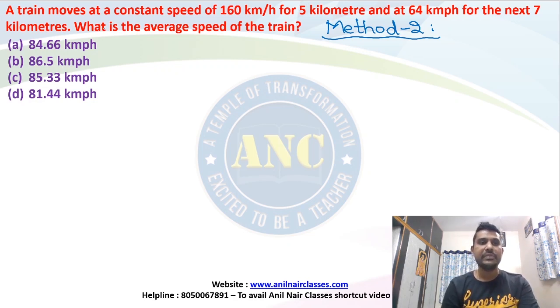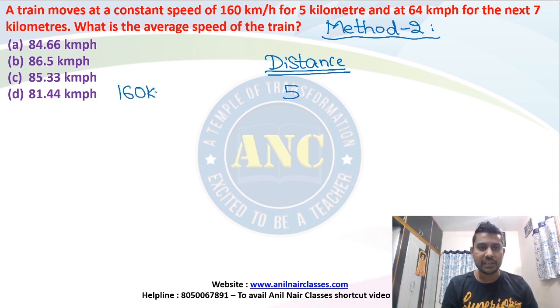Now see here, a train moves at a constant speed of 160 kilometers per hour for 5 kilometers and 64 kilometers per hour for the next 7 kilometers. That means for the first 5 kilometers it is traveling at a speed of 160 kilometers per hour, and for the next 7 kilometers it is traveling at a speed of 64 kilometers per hour.